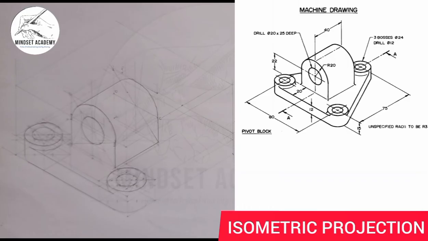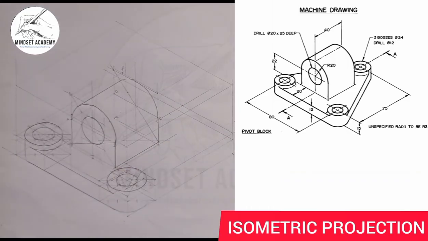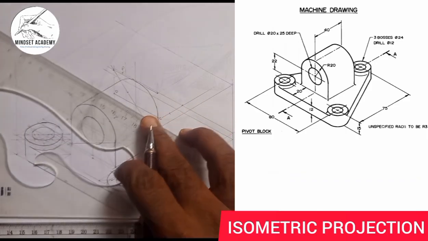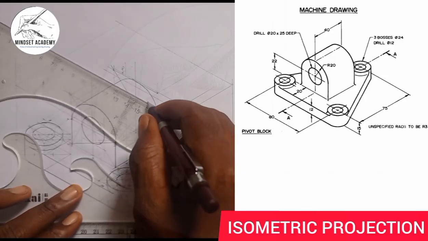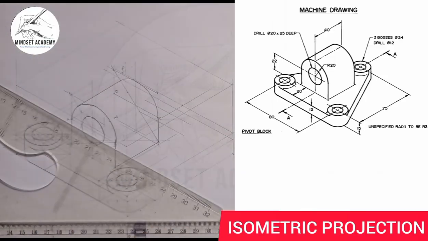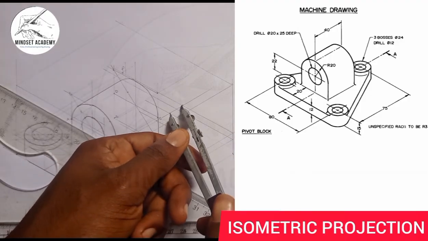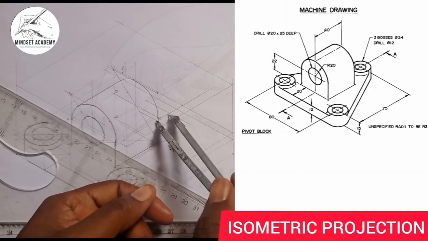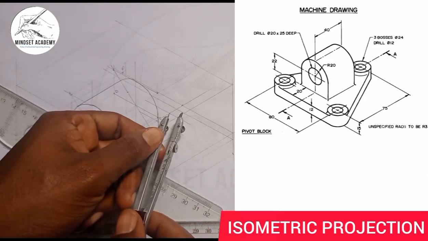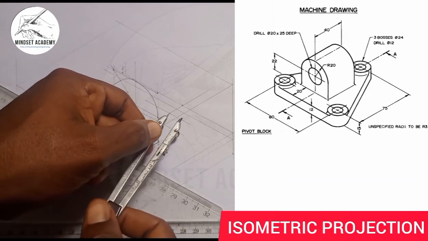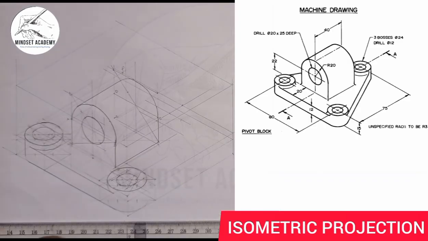So taking these 2 points here, I'll just draw this line across this point like this. Then I'll take the 12 also that I used to get this point and this point here, and I'll mark here 12 and 12 to form my box.